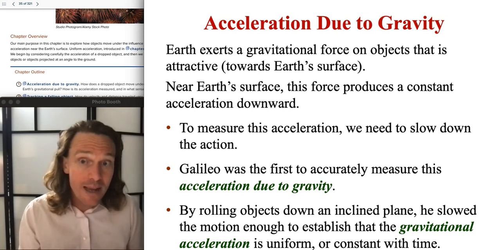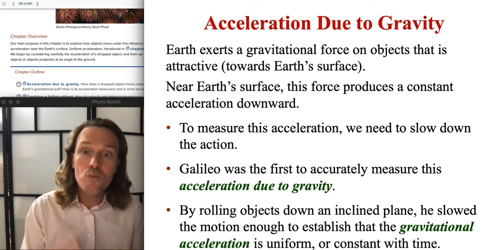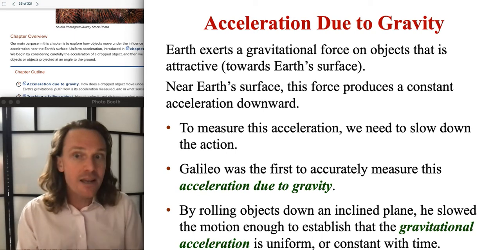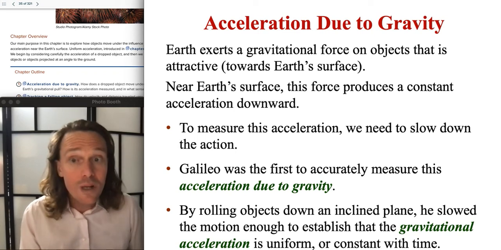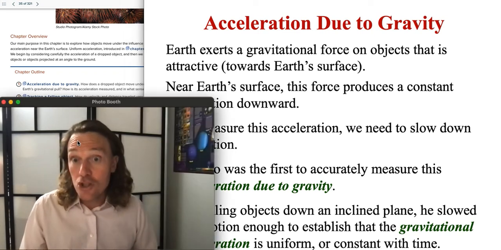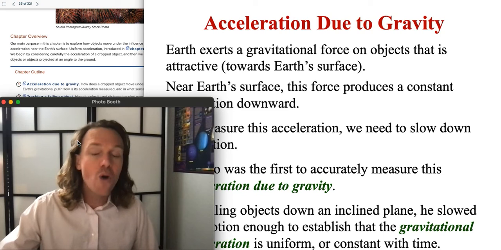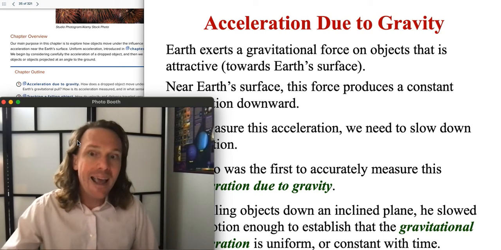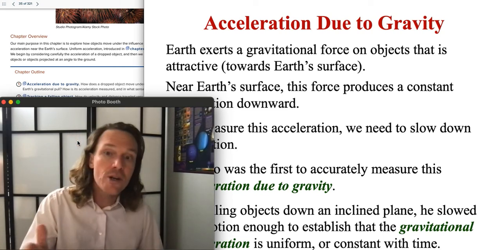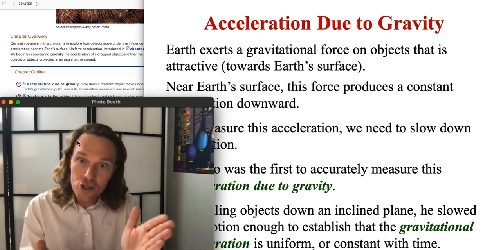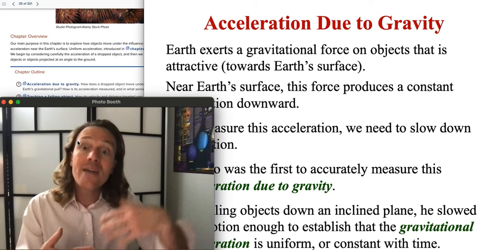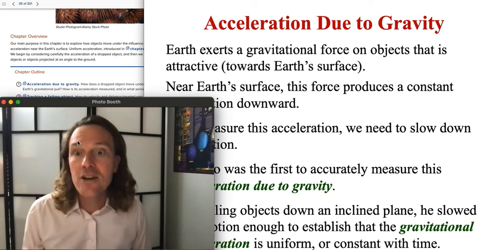And with all these different ramps, he was able to show that the rolling motion was not dependent on the object that was rolling, but instead was dependent only on the slope, right? So the acceleration was always some proportion of the slope, and it was trending towards a slope that was vertical, which he couldn't actually measure, but he could see the trend, and towards vertical, that acceleration approaches some final value, right?